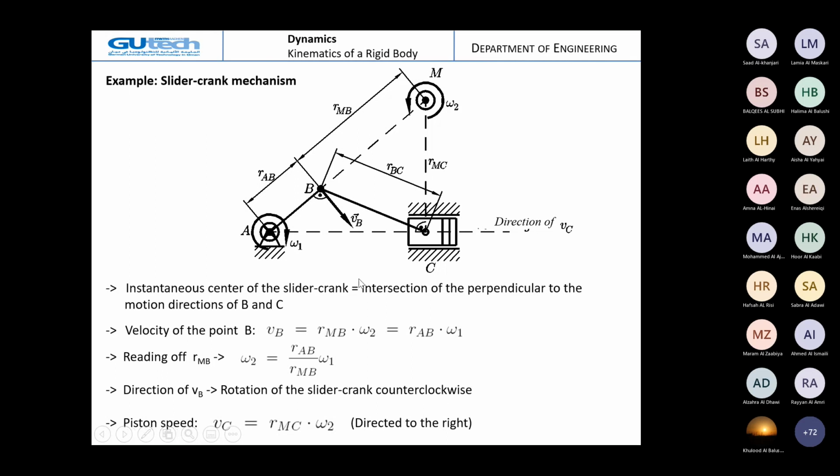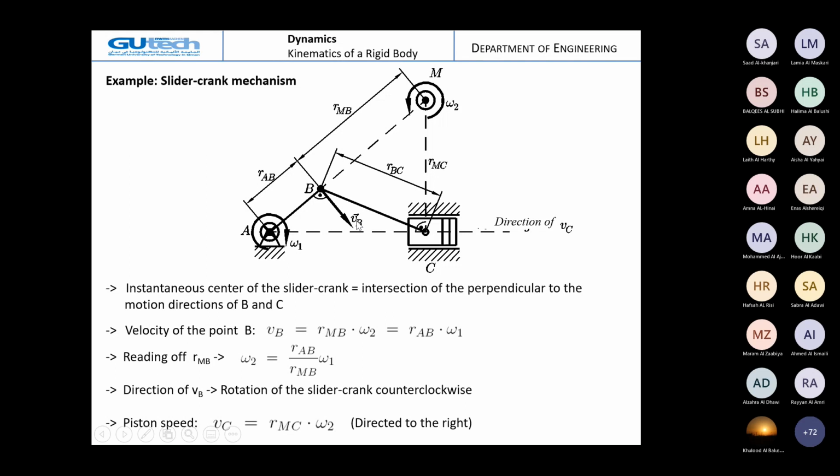The piston speed now we can determine by VC. It's only RMC multiplied by omega 2. Then it means now we know omega 1, we know the distance AB, we determine now VB, the velocity magnitude as well as the direction.